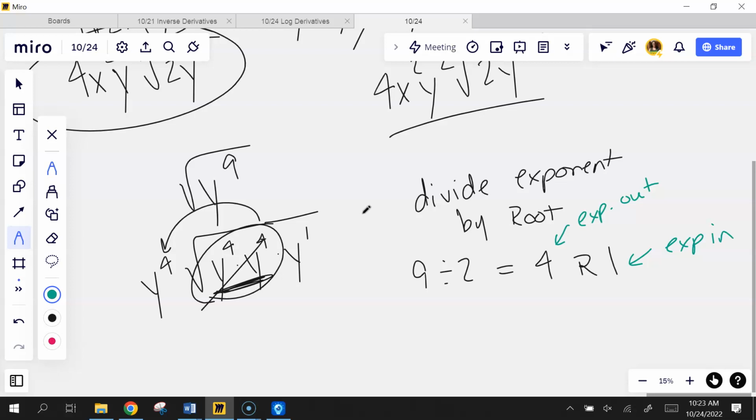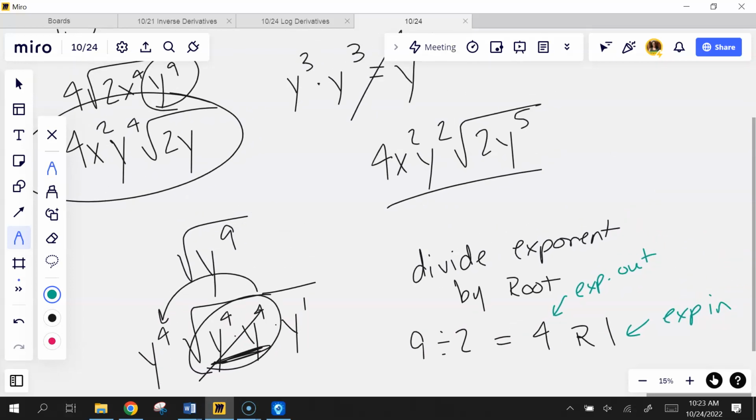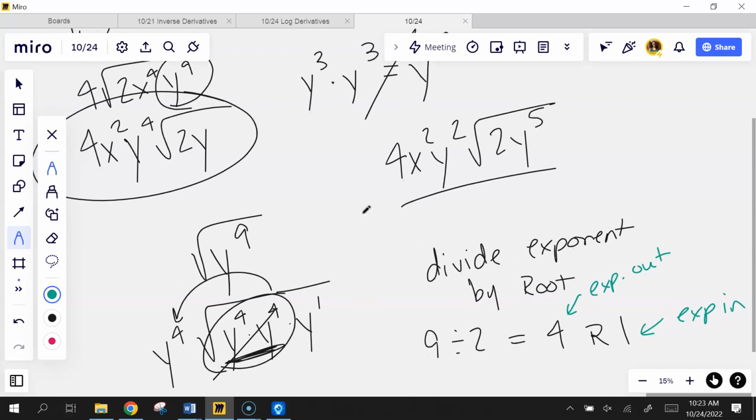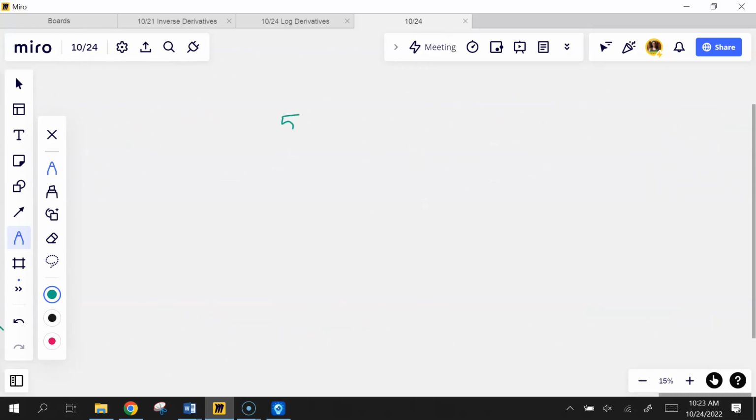Okay? That's the way variables are always going to work with roots. It will work every time. Look at what I had with the x to the 4th, right? We had the square root of x to the 4th. Well, what is 4 divided by 2? 2, and there was no remainder, so there's nothing left under the radical. Does that make sense? How about if I had the 5th root of x to the 27?